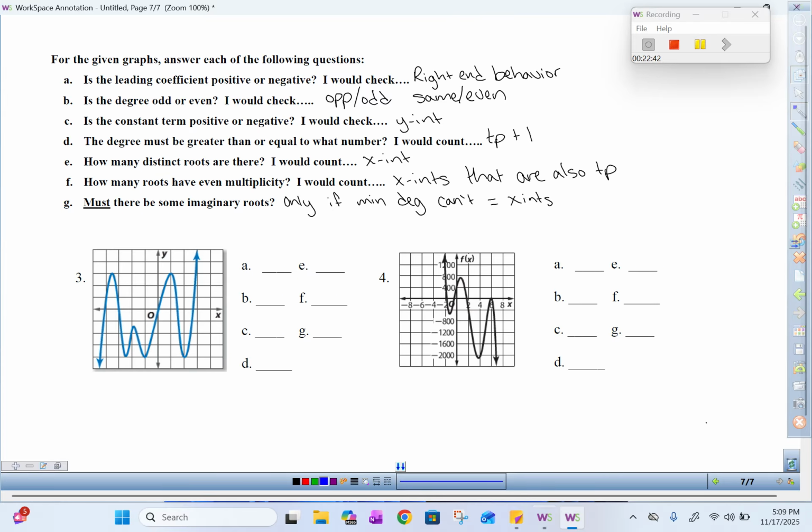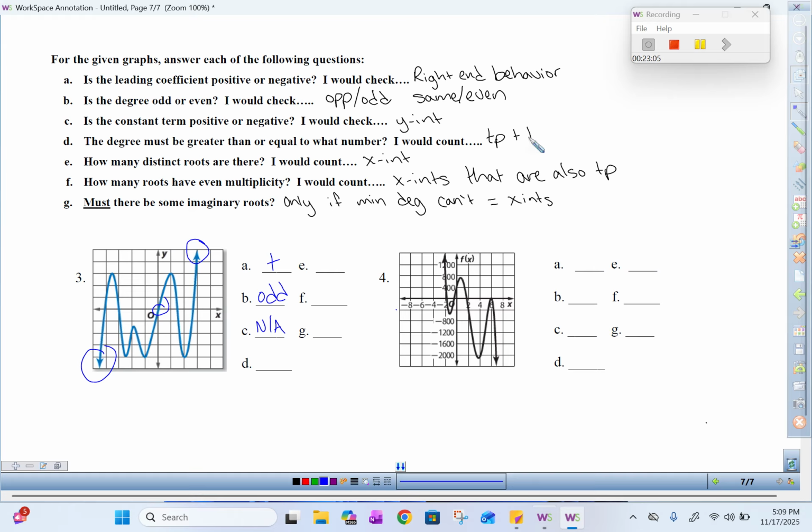All right, last 2 here. Remember, leading coefficient is how it ends on the right. It's going up, so that's positive. They are headed opposite directions, so that is odd. C says the constant term. It looks like the constant here is right at 0, so neither. The degree must be greater than or equal to what?